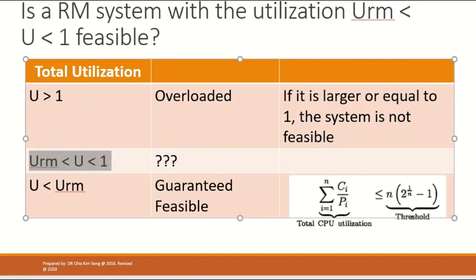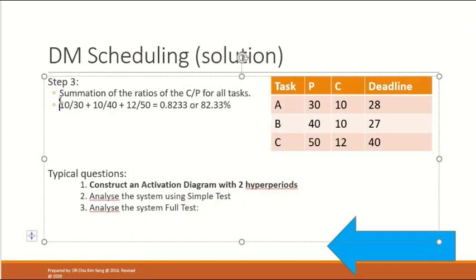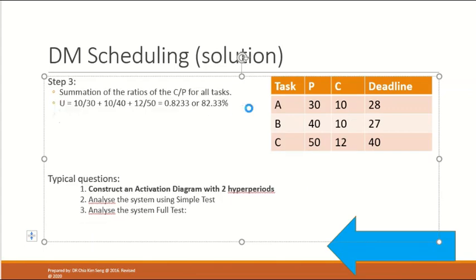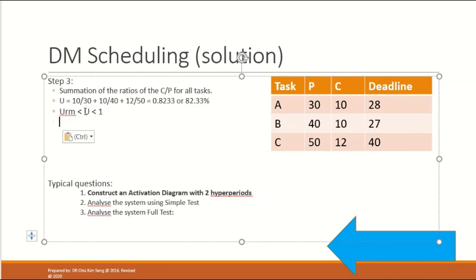So using this one, U equals this, and then you can conclude that U is more than the URM, which is 77.97.